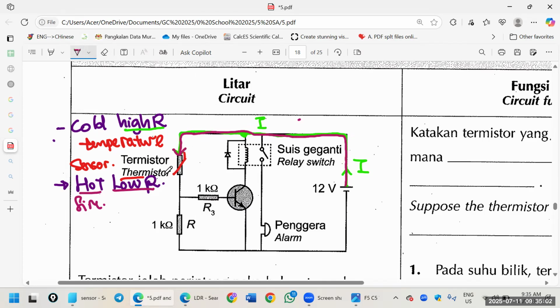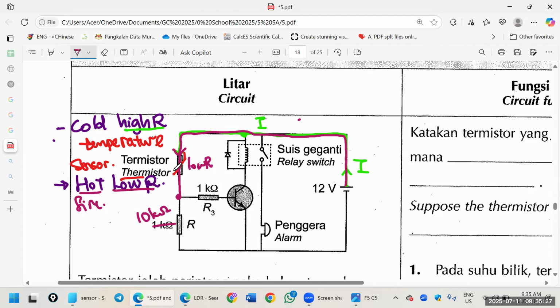Hot means low resistance, so the current passes through here and reaches a junction. This one, please change to 10k ohm. They are fixed already, 10k. So now what is the current characteristic?